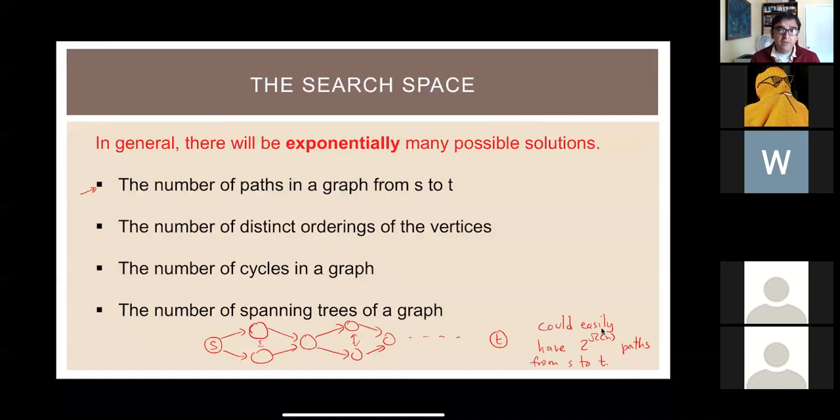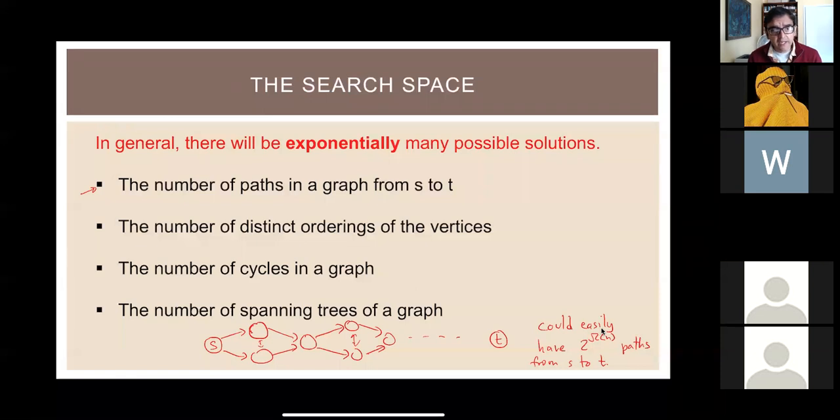The number of paths from S to T is exponential, and we want to find the very shortest path. There's an exponential search space, and we want to find the shortest thing in that search space. It's literally like a needle in a haystack.